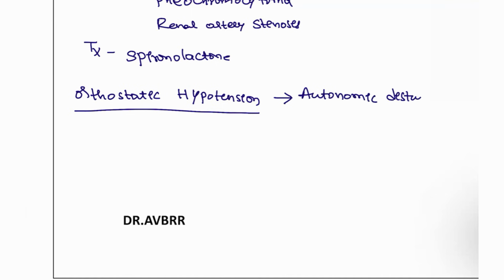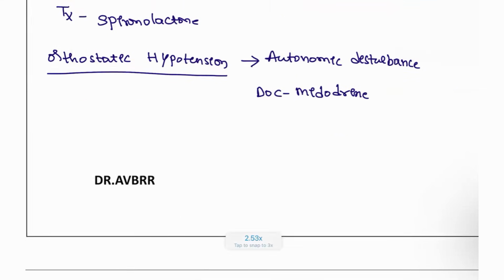When the autonomic system is disturbed, we can go for the alpha drugs, so the drug of choice will be midodrine. Okay, midodrine can be given for this patient because it will cause vasoconstriction, as it is an alpha agonist, and the hypotension of the patient will be decreased.